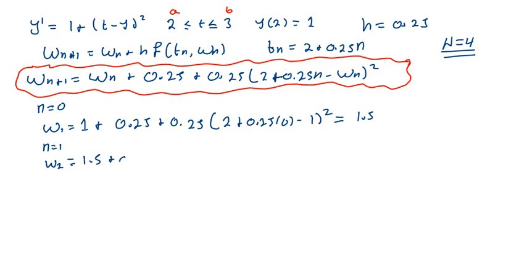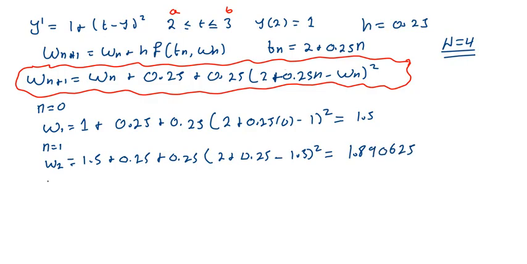Plus 0.25 plus 0.25 open bracket 2 plus 0.25, where there's n we plug in 1, minus w_n, which is 1.5 squared. Punch that on your calculator, you're going to end up with 1.80625.